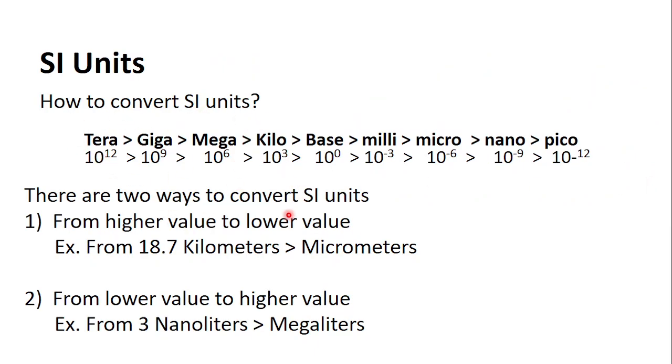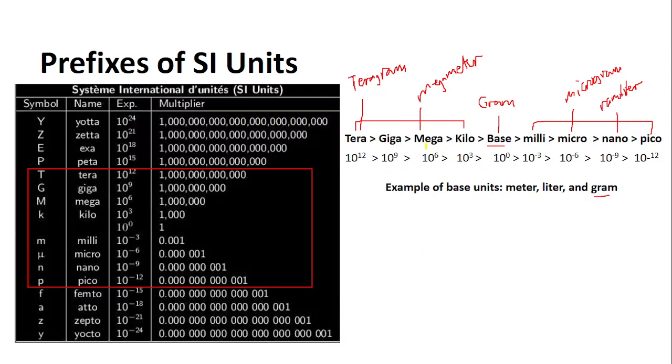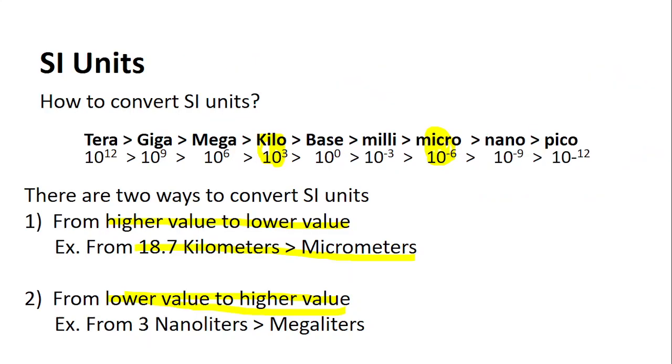Okay? So, let's learn how to convert SI units. Okay, there are two ways to convert SI units: from a higher value to lower value or vice versa. Lower to higher value naman class. Okay, so for first example, let's convert 18.7 kilometers to micrometers. So, from kilometers, convert daw natin to micrometers class. Na sabi ko kanina, ang tera, ang pinakadako, pico ang pinakagamay.